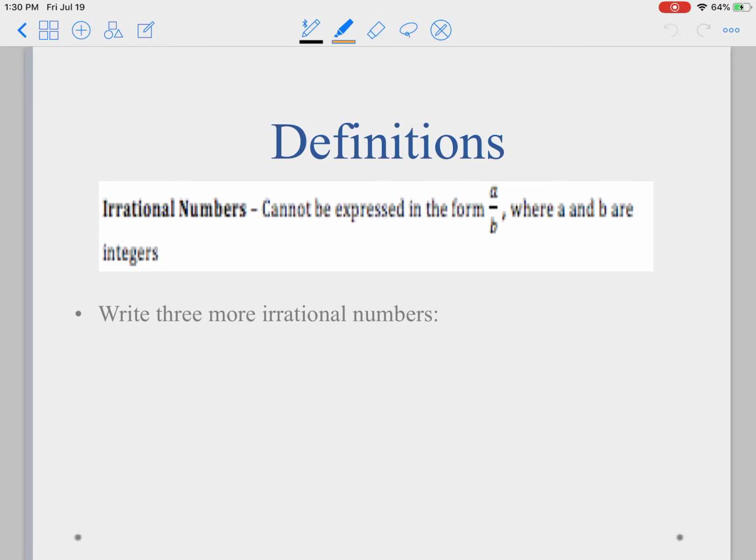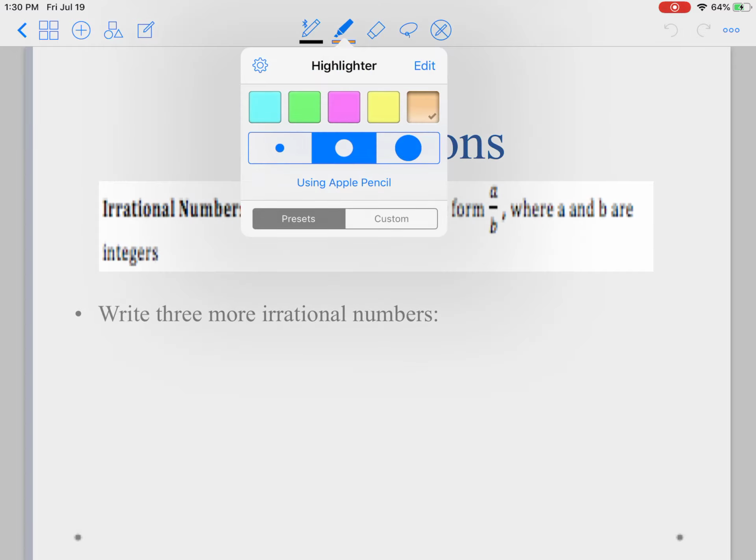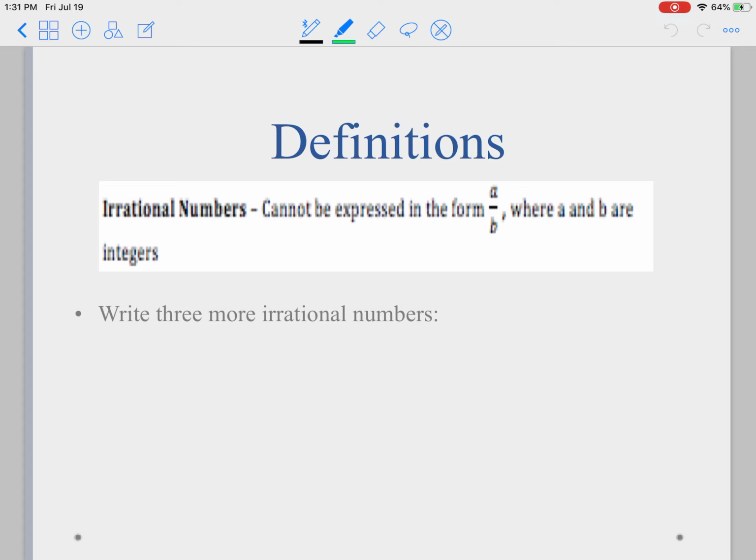So irrational numbers are defined, once again, we have A and B are still integers. And one thing I do want to point out, that B cannot be equal to 0, once again, because we're dividing by that B. And what is going to happen with these?